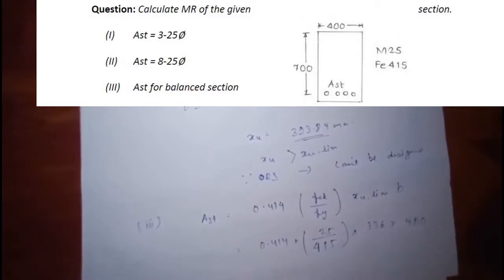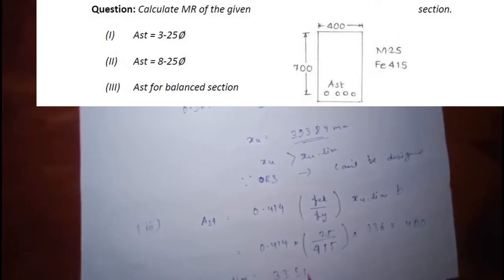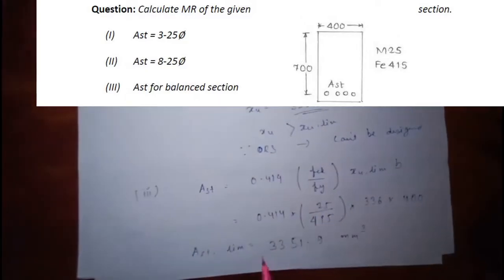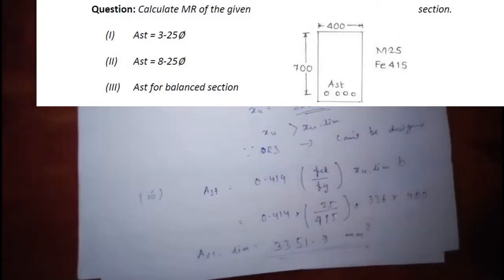Therefore, Ast limit for the balanced section is equal to 3351.9 mm².